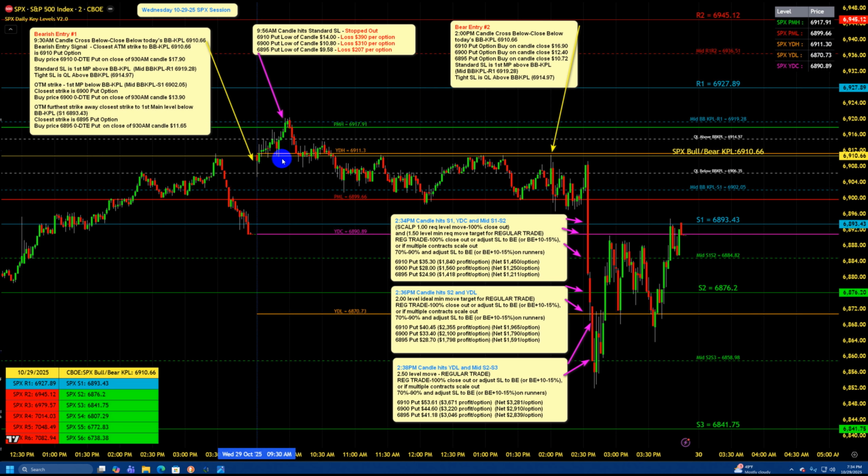So that's why even the furthest out of the money strike here was that much money, because of the elevated implied volatility for the FOMC day. Okay, so as I said, your stop losses are based on levels, the same levels whether it's a tight or the standard stop loss.